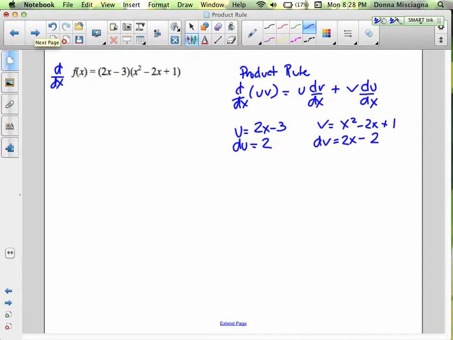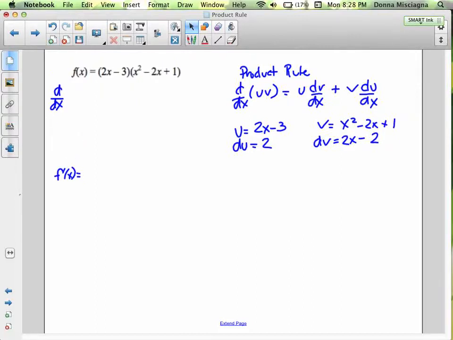All right, so now that we have all our players written down, let's plug it into our product rule. The derivative of f of x, that's f prime of x, is equal to, and I'm going to do this because I have a feeling, knowing that I write a little large, that I might run out of space.